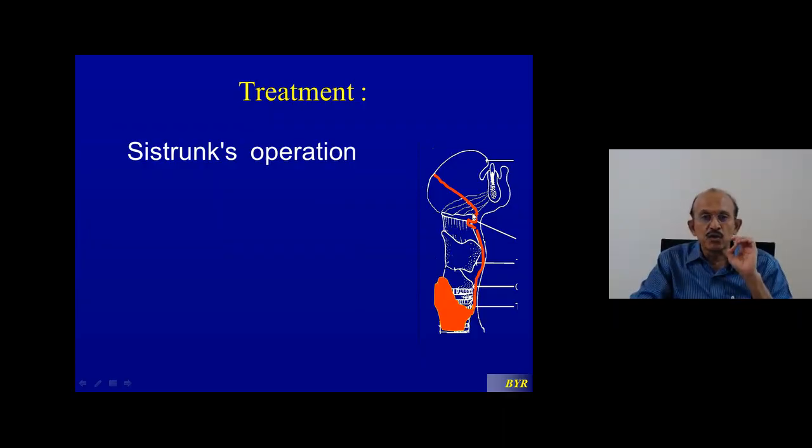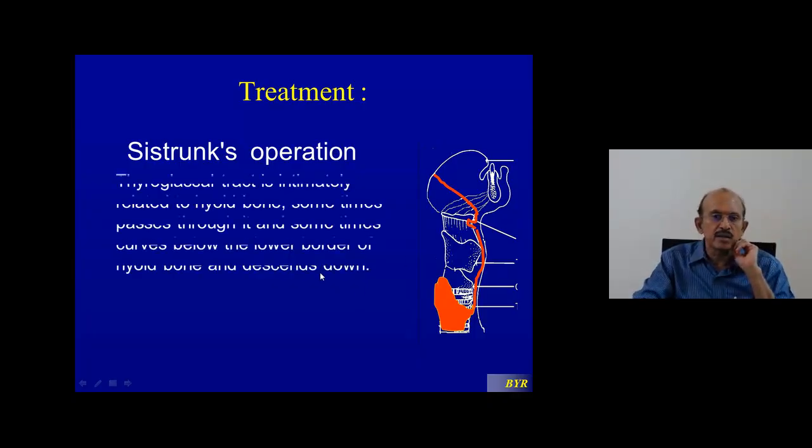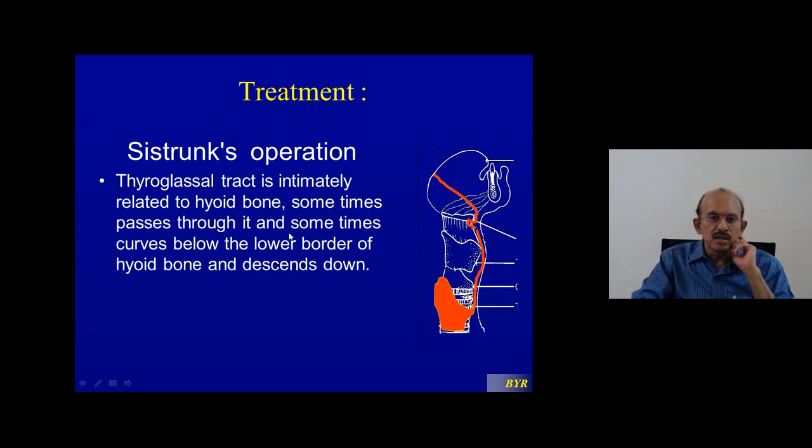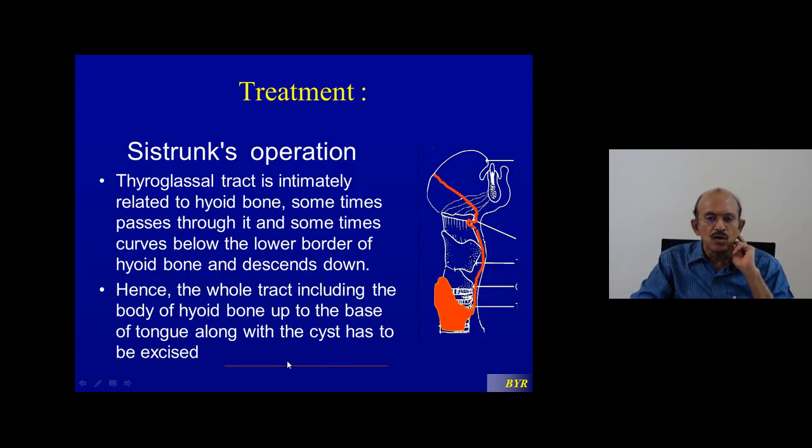That is why you remove the body of the hyoid bone also. This is called Sistrunk operation. So the thyroglossal tract is intimately related to the hyoid bone. Sometimes it passes through it and sometimes it curves below the lower part of the hyoid bone and descends down. Hence the whole tract, including the body of the hyoid bone, up to the base of the tongue, along with the cyst, has to be excised.